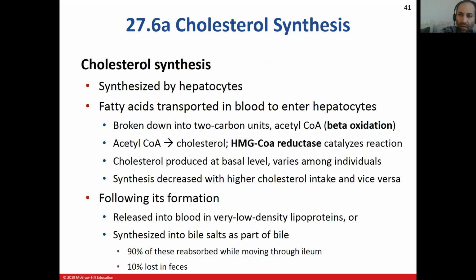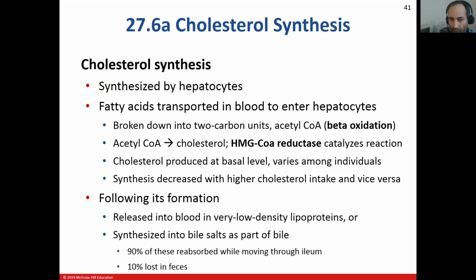Cholesterol, what is it? It's a type of waxy fat which is made by your liver from the food that you eat, but you can also consume cholesterol if you eat animal foods of any type, right? Cholesterol is synthesized by means of a process, as you can see here, okay?